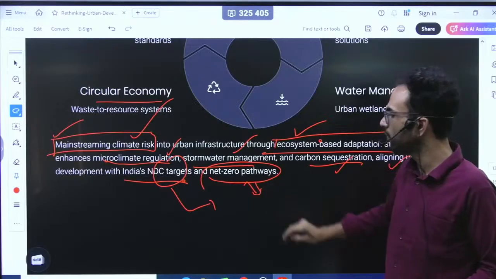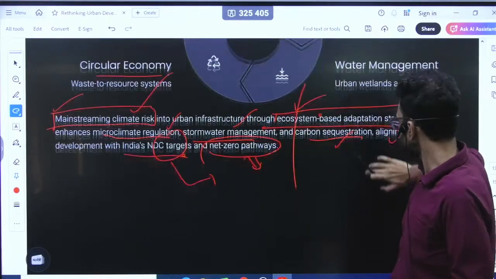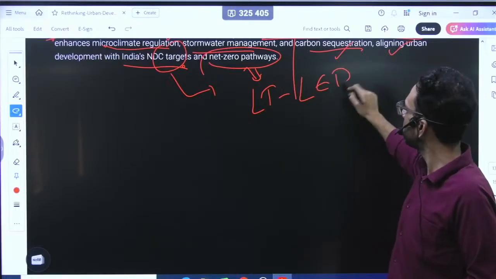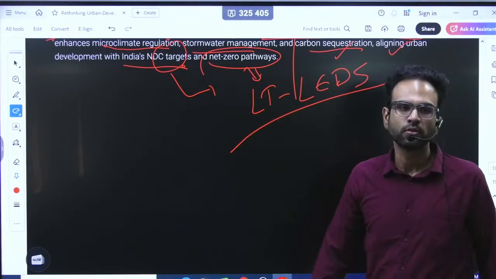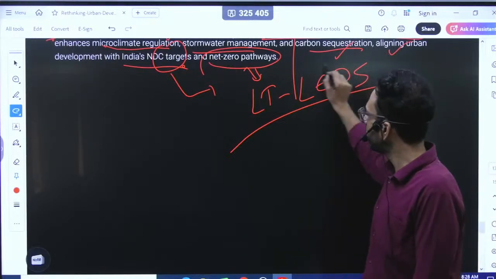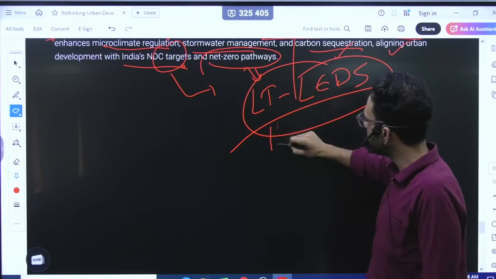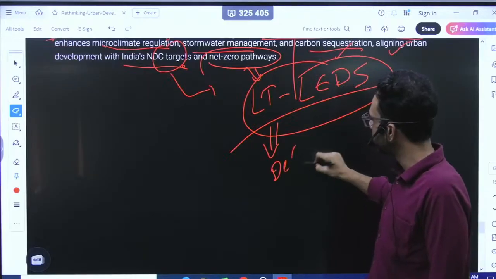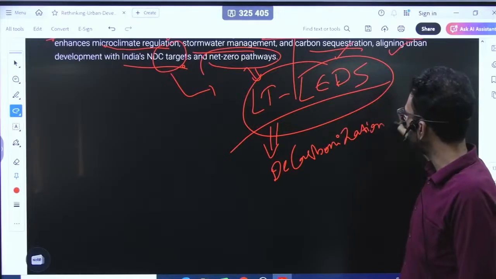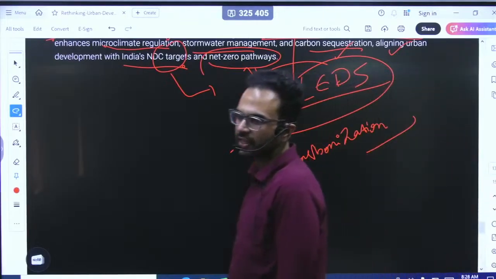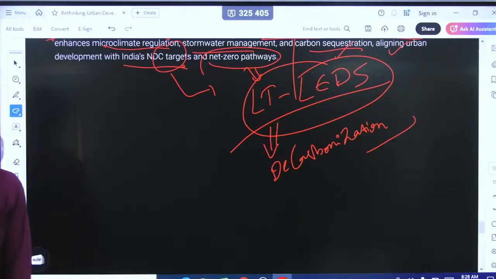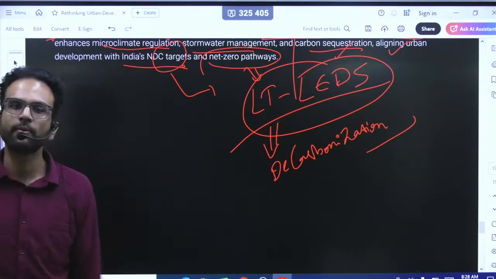We have something called the long-term low emission developmental strategy, where we are trying to protect our environment. So finally, you make urbanization a part of this decarbonization strategy. And that is how we build cities which are resilient to the future needs, which are also inclusive. Okay? That is the whole concept of urbanization.